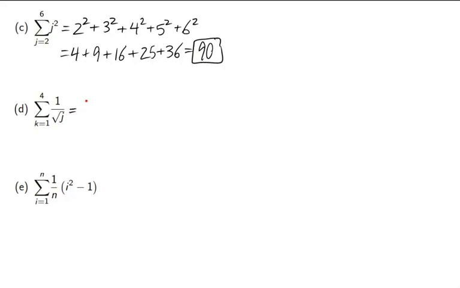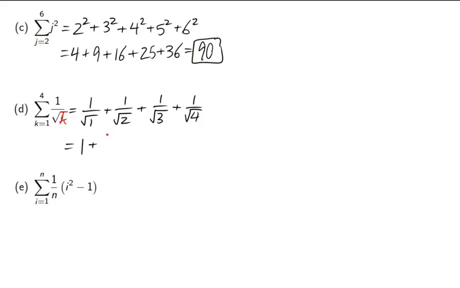Next one. So we're going to have 1 over the square root of k, and I'm just going to plug in 1, plug in 2, plug in 3, and plug in 4. You could simplify this a little bit, so I guess I'll start it.